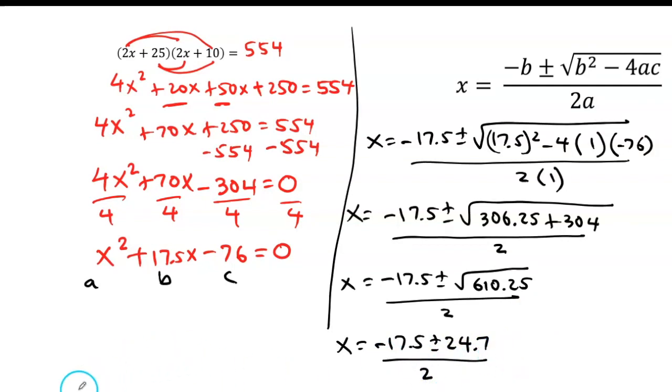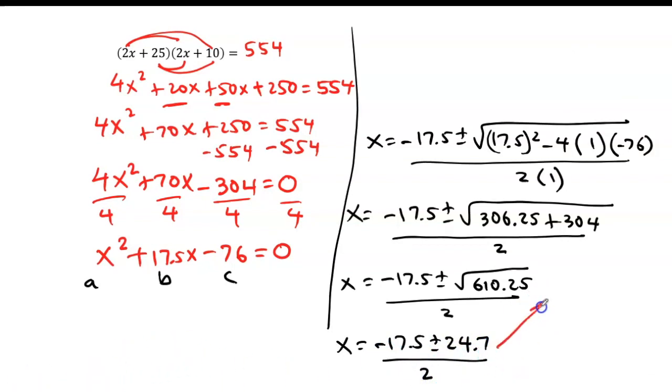And from here, I get my two answers. First answer with the plus, negative 17.5 plus 24.7 divided by 2. And my first answer is going to be 3.6.